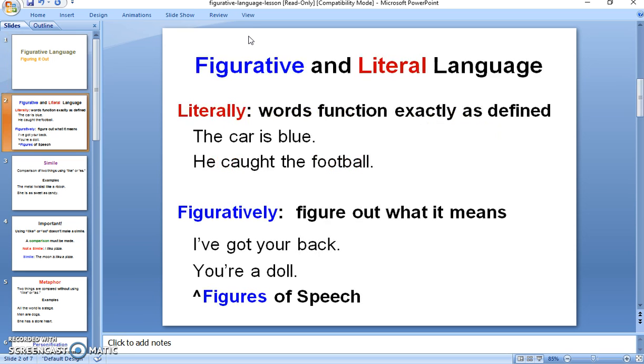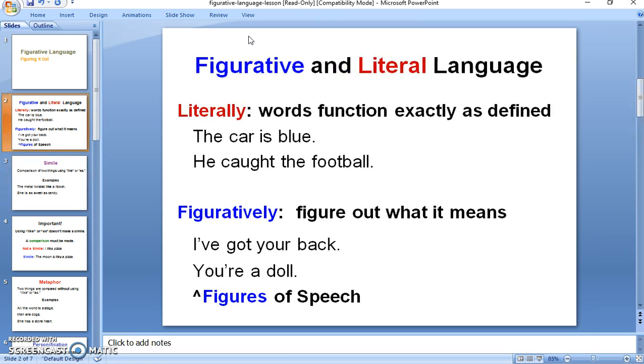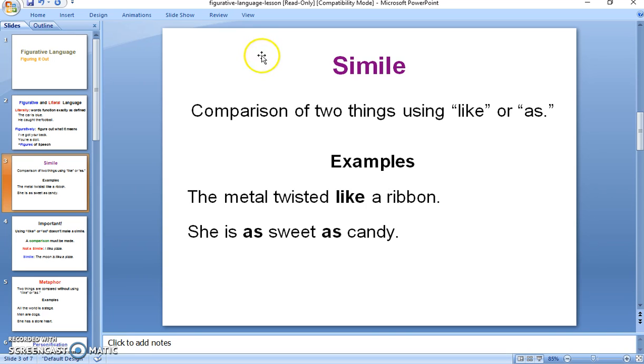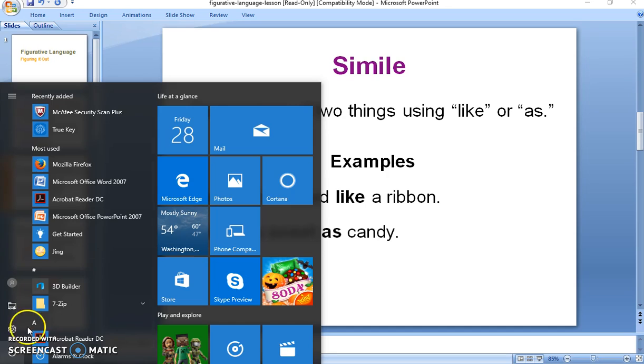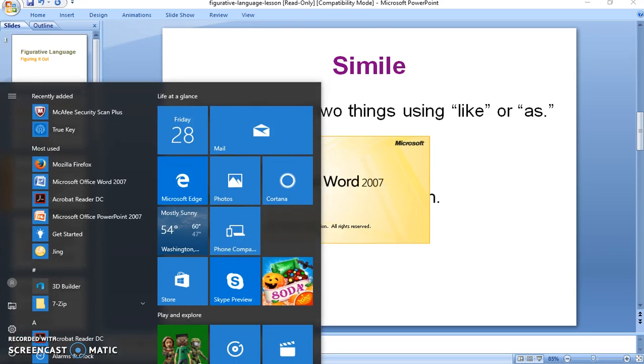Okay. Now, what I want everyone to do is go through and come up with some of your own figurative language sentences.